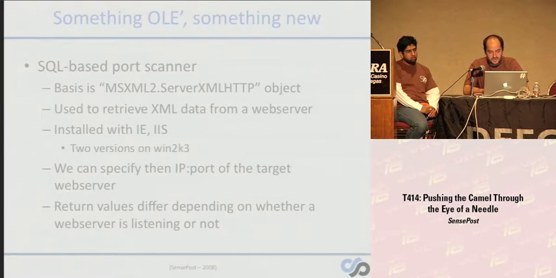And it's really, really useful. It's installed with, as I say, IE and IIS. And what we can do here is basically craft a URL made up of our target IP and a target port. We use OLE to attempt to pull XML data from that URI. And then we monitor the return codes from a bunch of methods. And based on that, we can determine if a port is open, closed, filtered, or running a web server, which is kind of nifty.